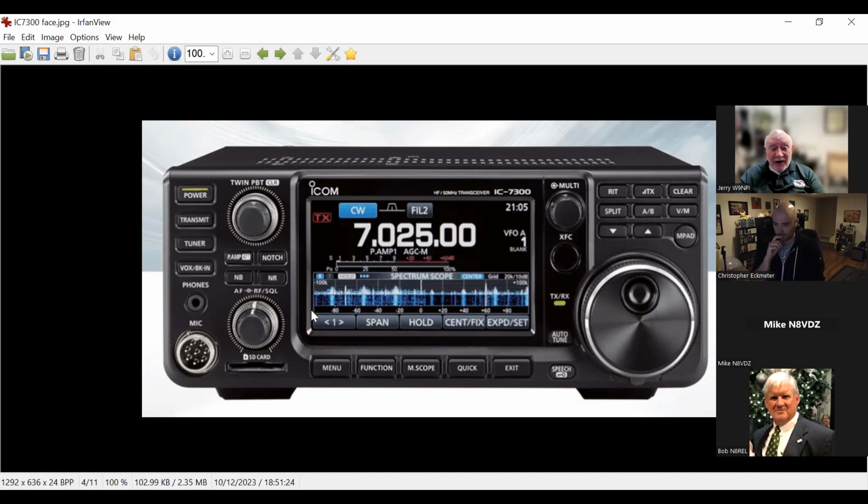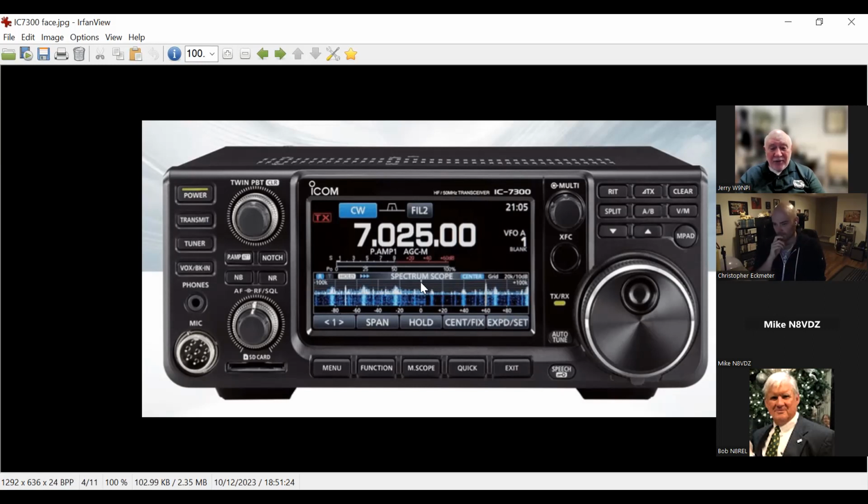This is the display, and it will cover an entire band, or you can narrow it down to say, this one is up and down 100 kilohertz. Here's the center frequency.